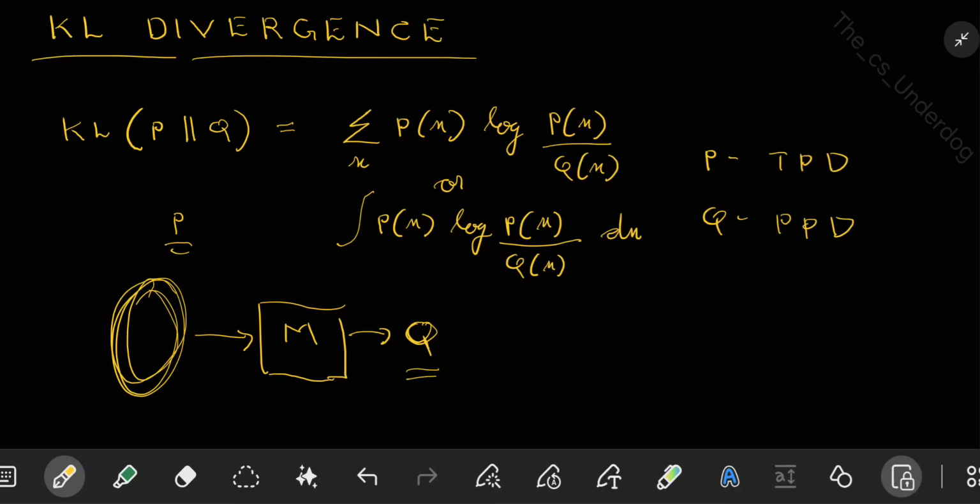What do you want to do now? When you want to train this model, you should have a loss. And that loss is derived by finding out how much Q is diverging from P. Whatever that divergence, accordingly you will calculate the loss, and this loss will be backpropagated in order to train the parameters of the model. So this is the idea: in order to train parameters, you want this loss function.